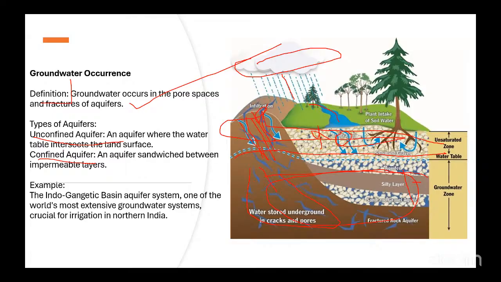The best example is the Indo-Gangetic Basin aquifer system, one of the world's most extensive groundwater systems, crucial for irrigation in the northern and northeastern regions of India.